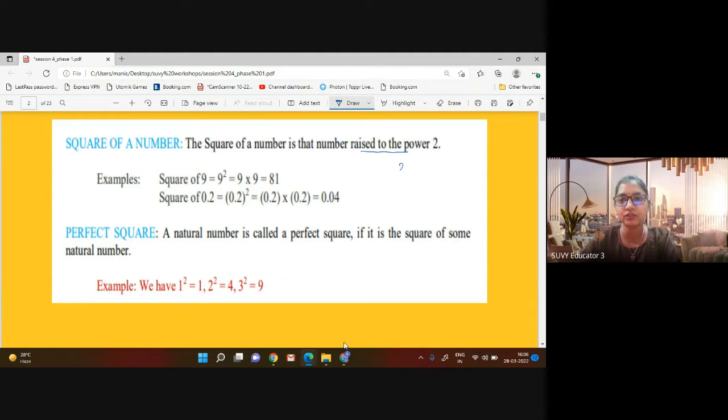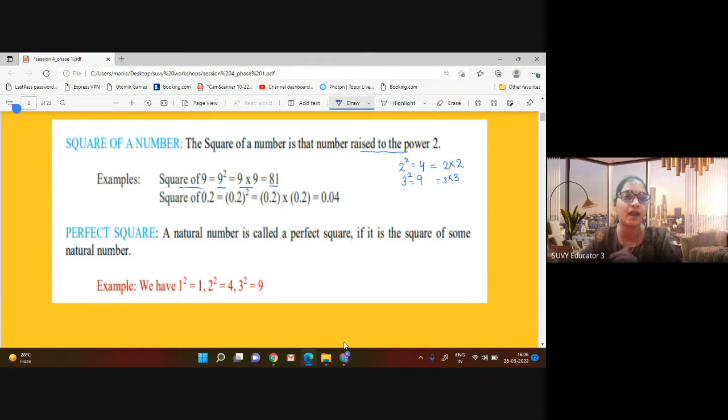Suppose 2 power 2 becomes 4, 3 power 2 becomes 9. The idea is that 2 is multiplied 2 times, 3 is multiplied 2 times. For example, the square of 9 means 9 square, 9 into 9, so you will get 81.